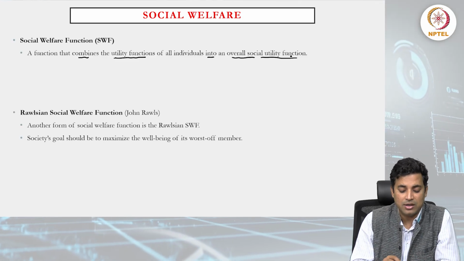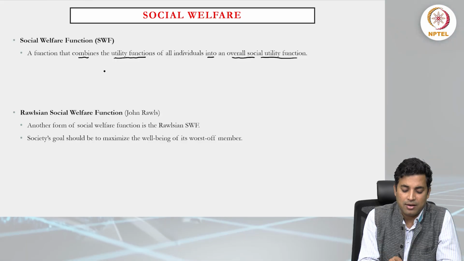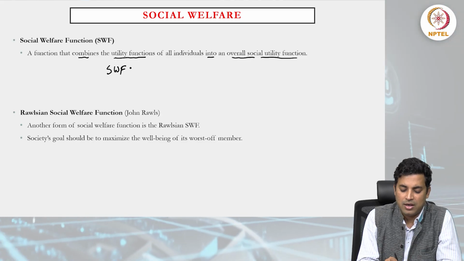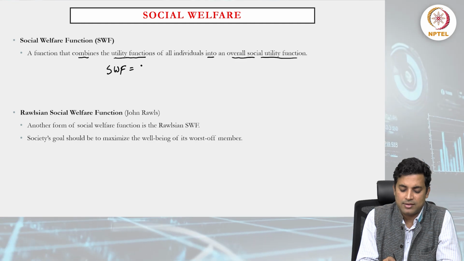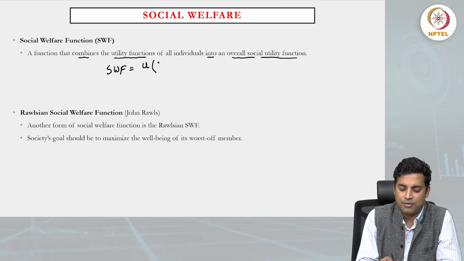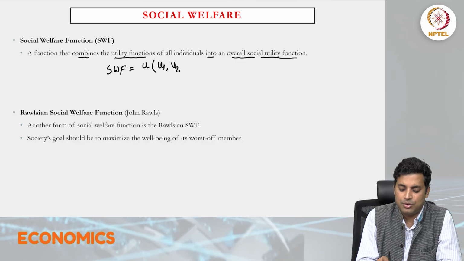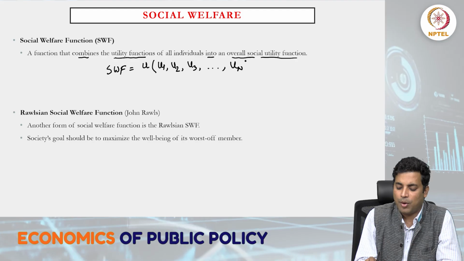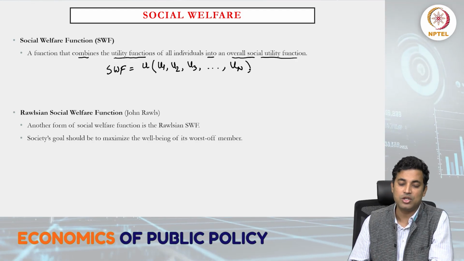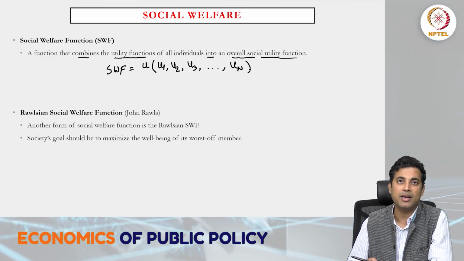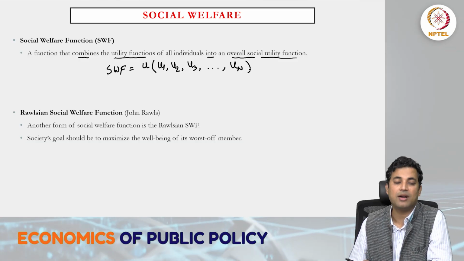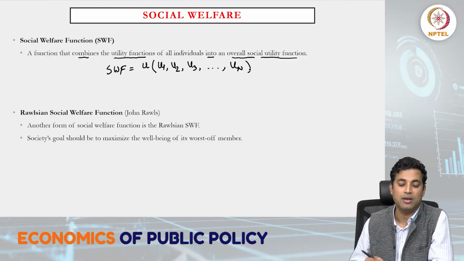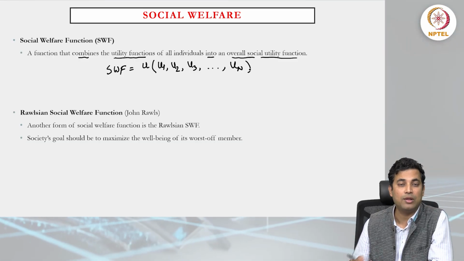So how should the social welfare function look? Say we write the social welfare function as a function of utilities U1, U2, U3, and so on up to n, the number of people in the nation or society. Combining all of their utility functions, the social welfare function should be a function of all the utilities.